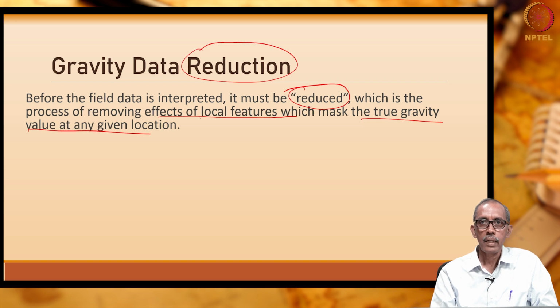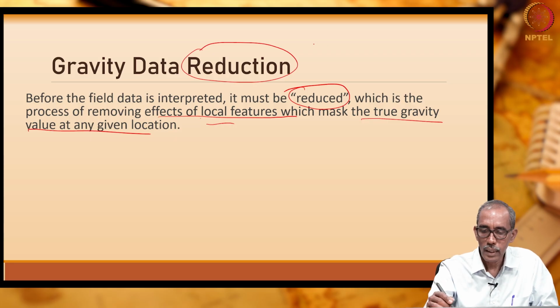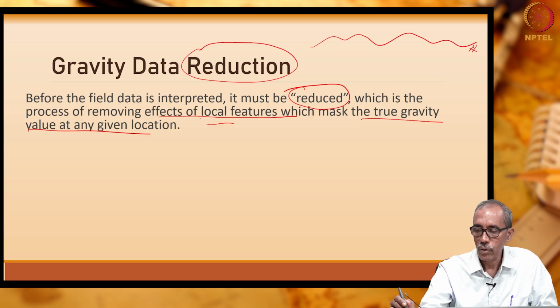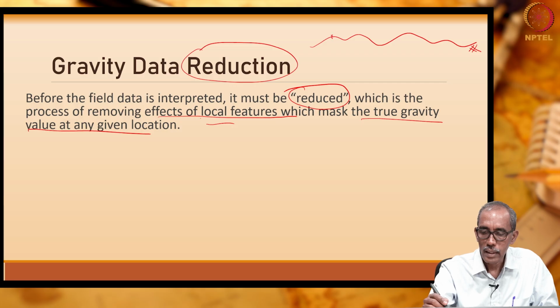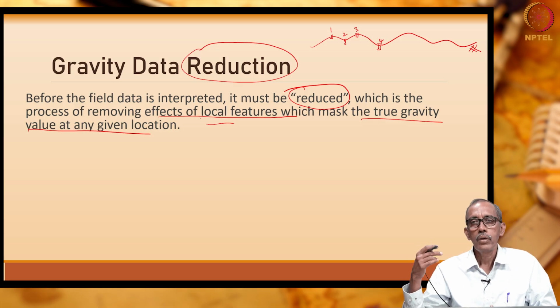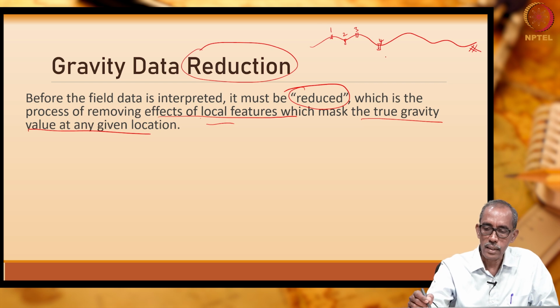As an example, right now I can tell you what I mean by local features. Imagine this is the surface of the earth on which we are doing the gravitational survey. Imagine this is our station 1, station 2, station 3, right. Imagine station 4. Now, this diagram is nothing but a cross section of a ground surface showing the locations of gravity stations, right.